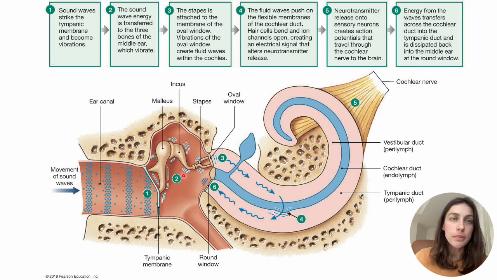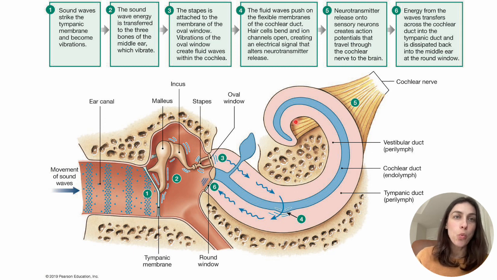Now, in the middle ear, the stapes, that last ossicle, is attached to the membrane of the oval window, and it taps on it. And the vibrations of the tapping on the oval window create fluid waves. So now we're transmitting those waves into a fluid, the perilymph within the cochlea.